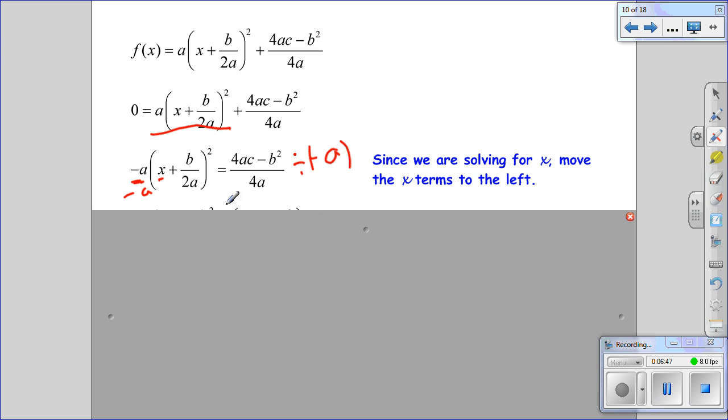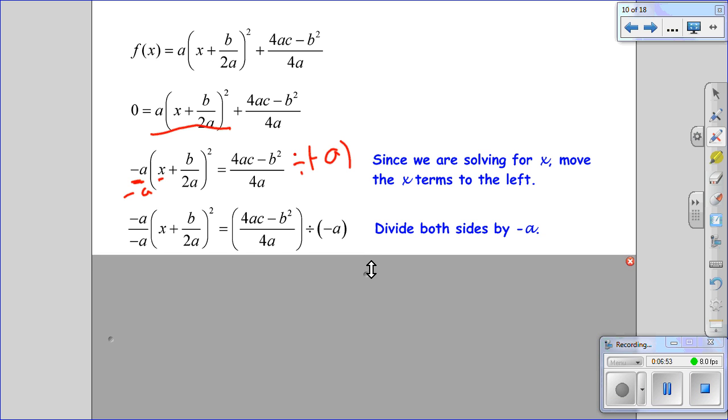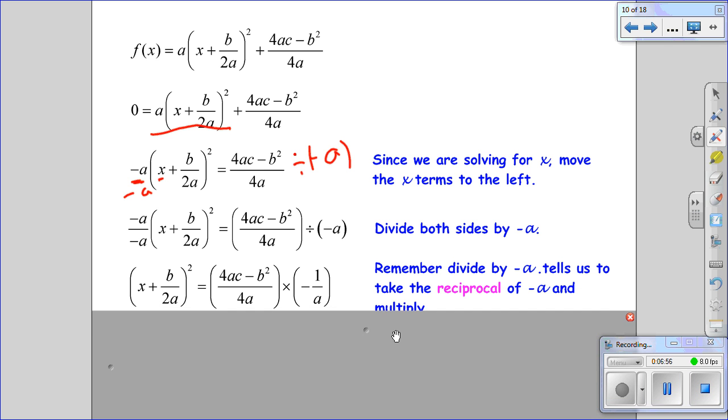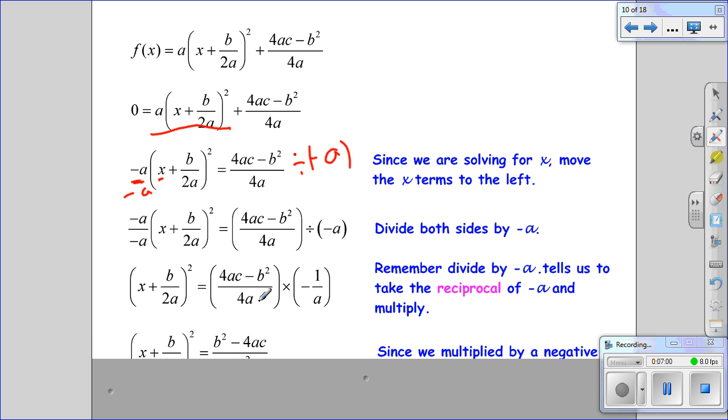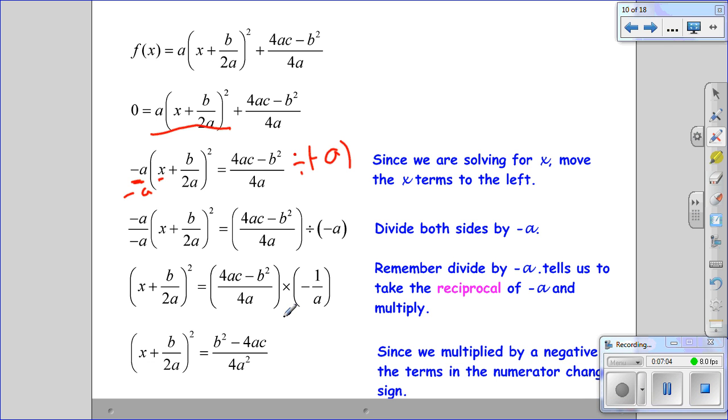So when I do that, I'm left with x plus b over 2a squared on the left. And remember, a divide by a, negative a, is the same as a multiply by negative 1 over a. So I end up with negative 4a squared in the denominator. Or you'll see what I did here. I multiplied the negative into the numerator.